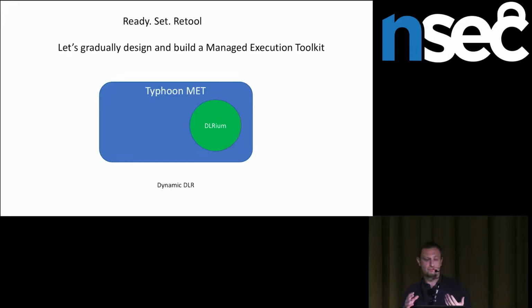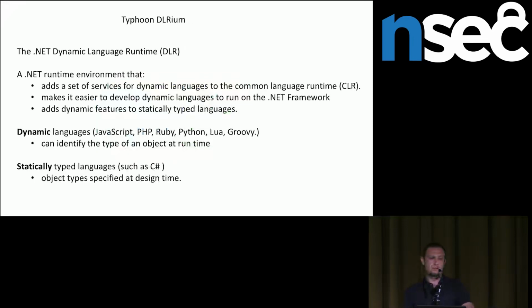So let's look at a component called Delirium, right? We want to bring in the DLR and start working with this. So what is the DLR, right? In .NET, you've got the CLR, a common language runtime, but you also have a dynamic language runtime. A dynamic language runtime is a set of services to create dynamic languages in .NET or using .NET facilities.